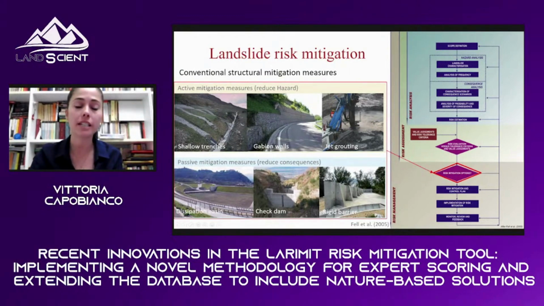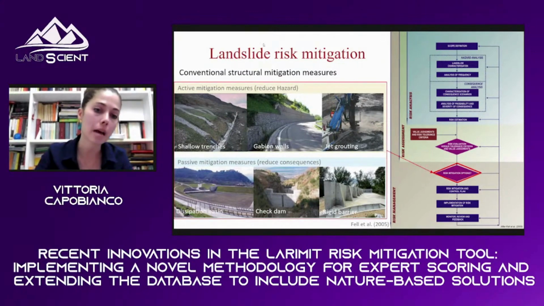And as you see on the left-hand side of this slide, conventional structural mitigation measures may be grouped in two main categories. We have the active measures, which are aimed at reducing the hazard. So basically, we act on the potentially unstable mass and we try to reduce the probability of the triggering of that landslide. And here are some examples of active mitigation.